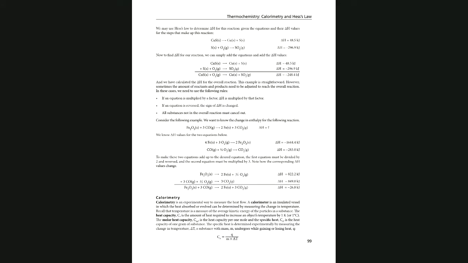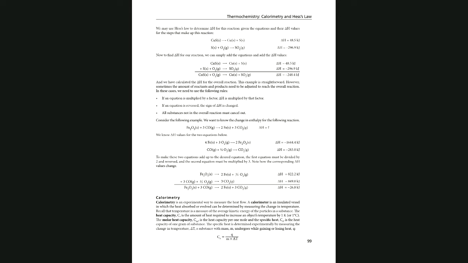Let's say you have copper sulfide that yields copper plus sulfur, and then sulfur with oxygen gives you SO2. You rearrange your reactions in a way that when you add them up, they come to the desired reaction, which is copper sulfide plus oxygen giving copper plus sulfur dioxide.